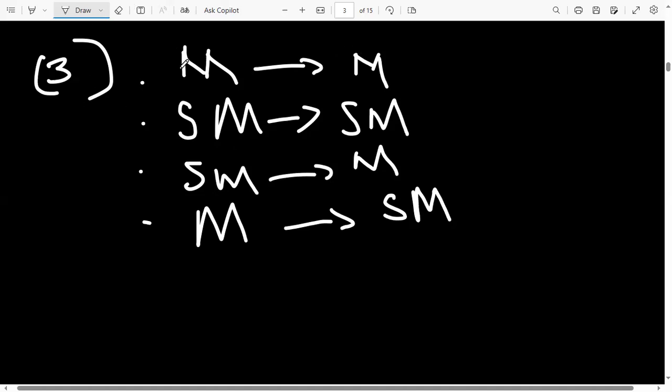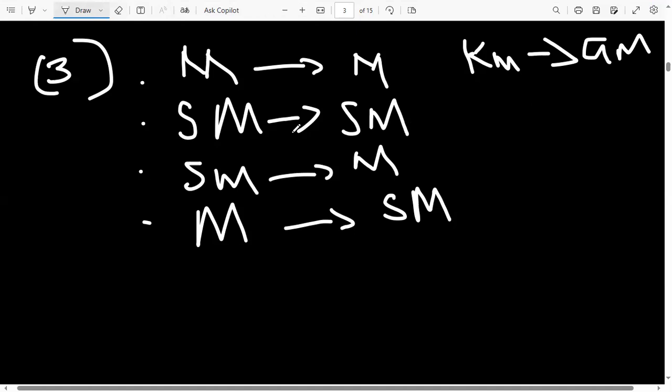Under multiple to a multiple, it means I can convert from kilometers to gigameters. We see that giga and kilo are both multiples, so it's from multiple to multiple.